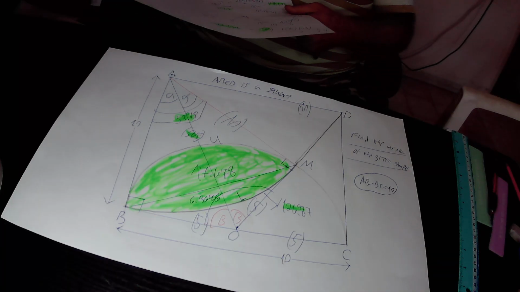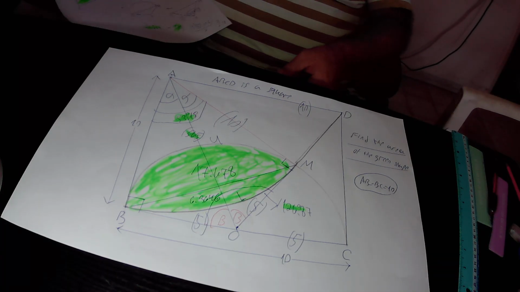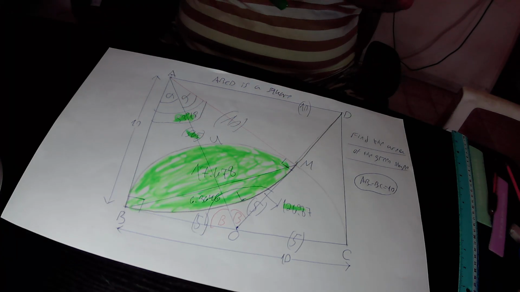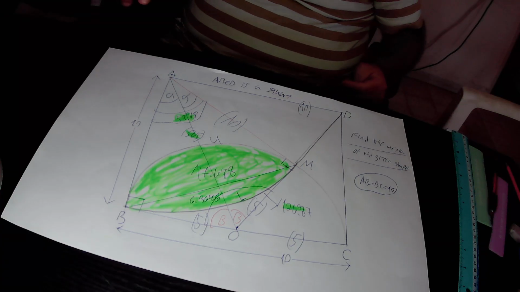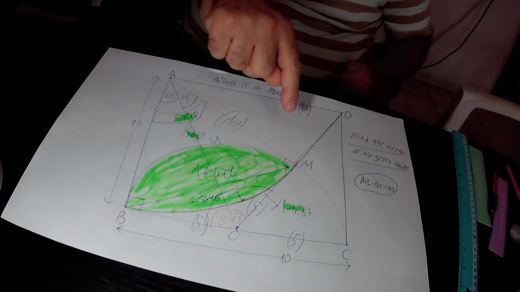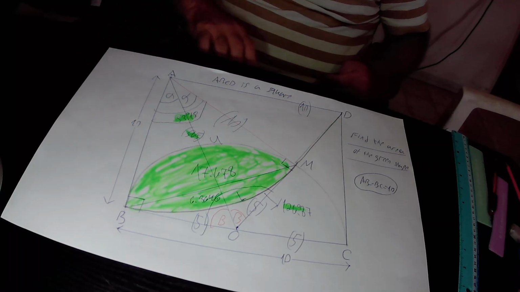Our task is to find the area of this green shape. It is very clear from the drawing that the area of this green shape is equal to the area of the upper segment BOM plus the area of the lower segment BLM.